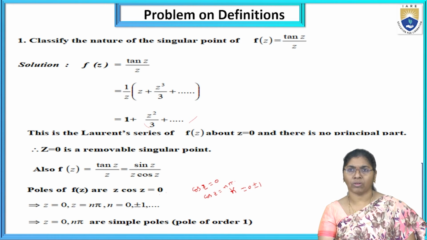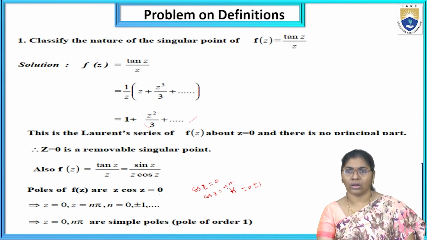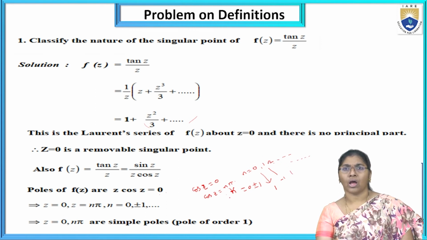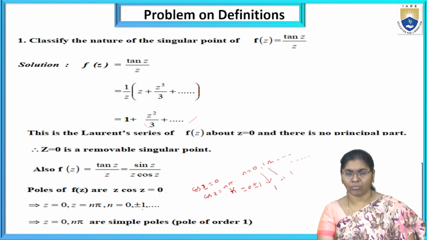For example, n equal to 0, 1, 2, 3 and so on. Cos 0 value is 1. Cos n pi is minus 1 whole power n. Substituting n equal to 0 we get 1. For n equal to 1 we get minus 1. For n equal to 2, that is 2 pi, we get 1. Continuing like that, n equal to 0, plus or minus 1.